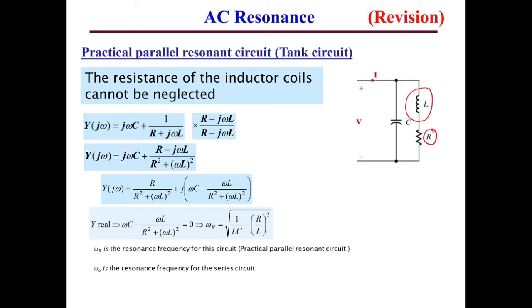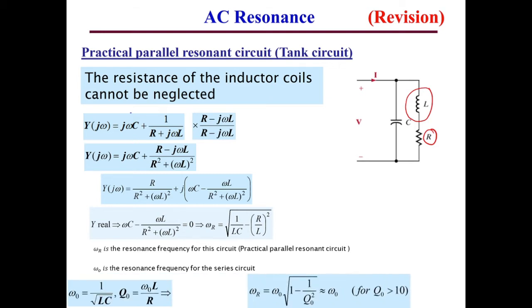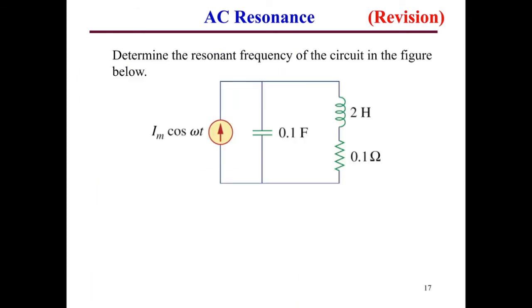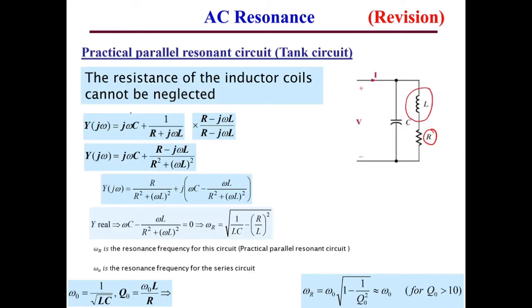Then you can find the resonance frequency for this circuit, in which R is included as part of the inductance. Okay, so you'll find that the resonance frequency with the inclusion of R will be almost the same as the resonance frequency without R.